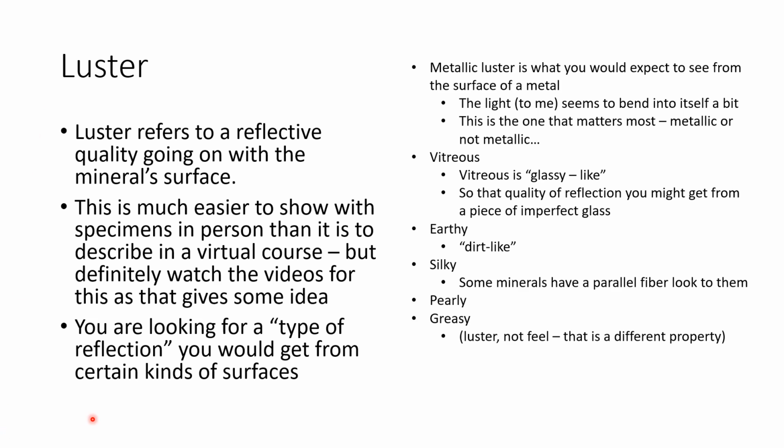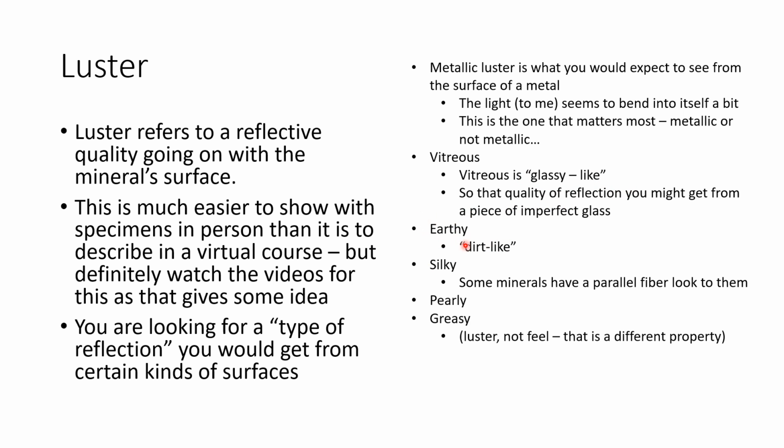Luster is a surface effect from minerals, and it has to do with what the light waves are doing as they interact with a surface. This is really hard to explain with words, but you get a shiny effect like you would see with a metal surface, or a vitreous effect like you would get with glass.